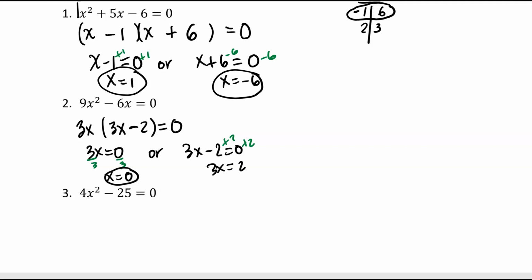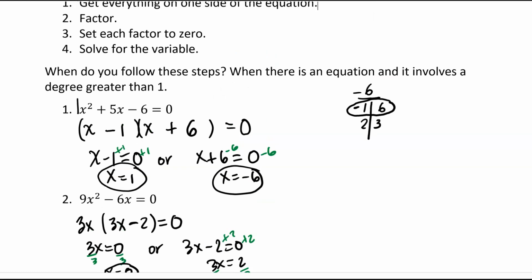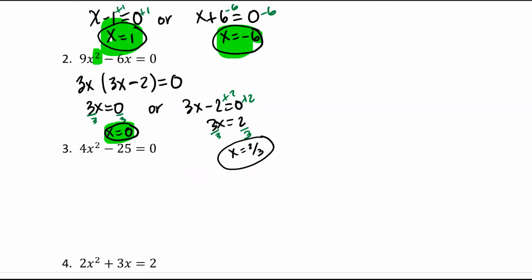Then we're going to also divide by 3. So the other solution to this problem is x equals 2/3. And let me also say this, because our degree was 2 for the first problem, that's why we ended up with 2 answers. Because our degree was 2 in the second problem, we also ended up with 2 different answers.